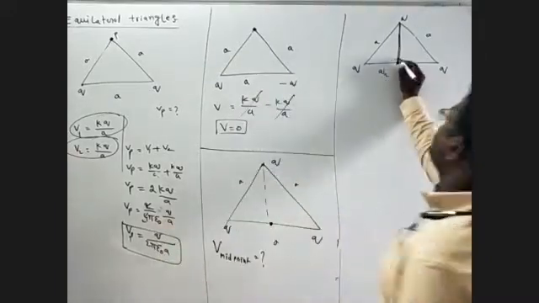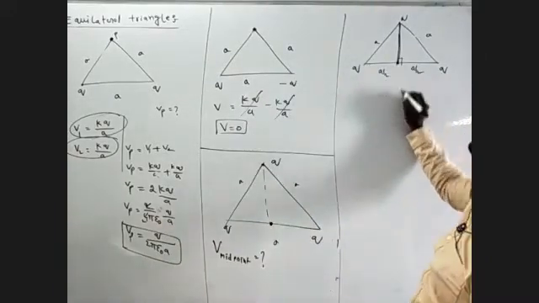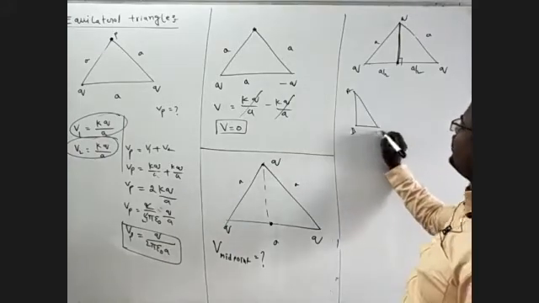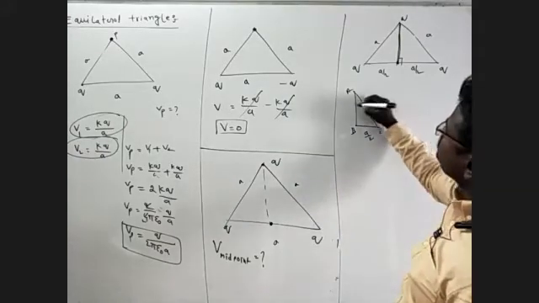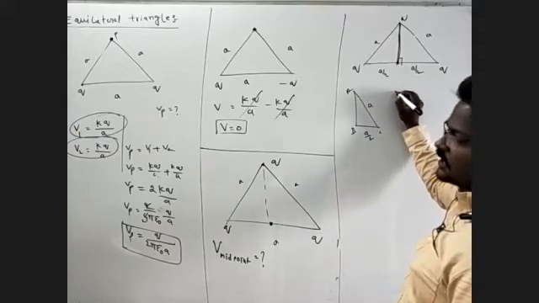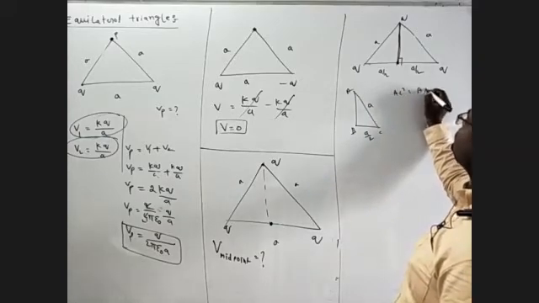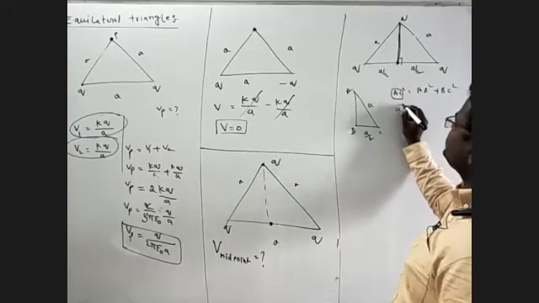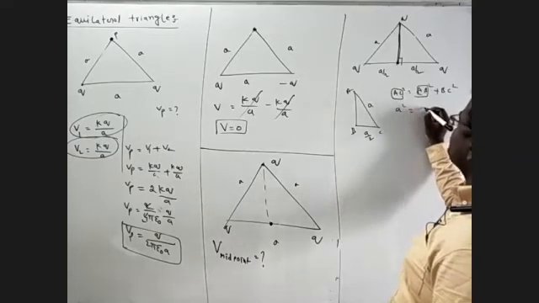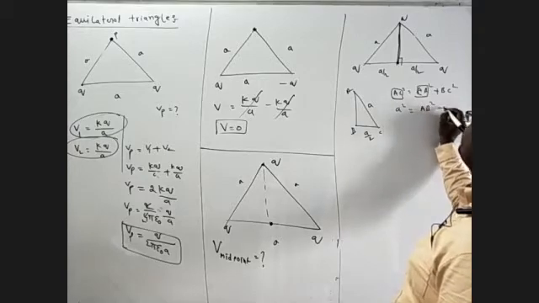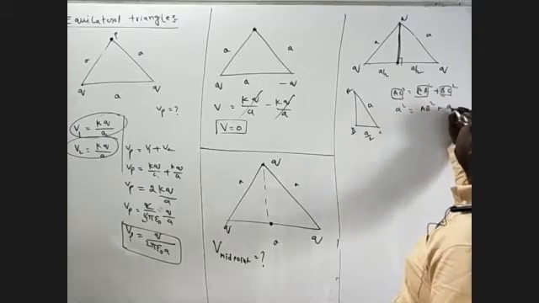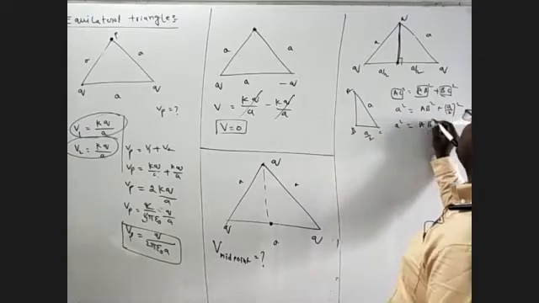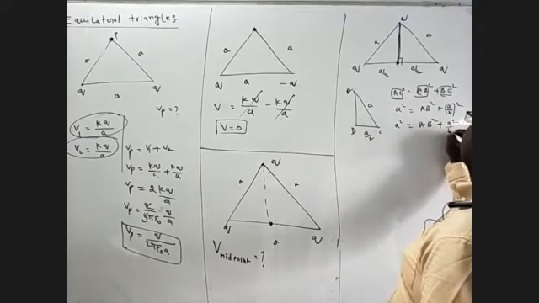Take this part as A by 2, with points A, B and C. According to Pythagoras, AC square equals AB square plus BC square. AC is A, BC is A by 2, so A square equals AB square plus A square by 4.